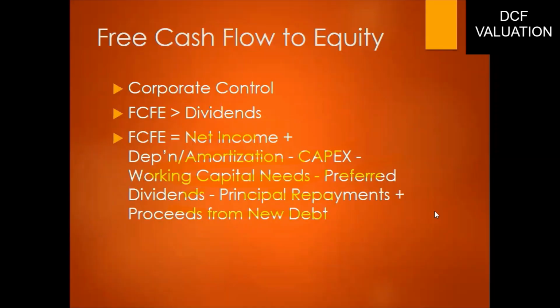So where is interest here? Actually, interest expense has already been deducted. Why? We're using net income, and net income is net of interest expense already. What is left would be the free cash flow to equity shareholders. And most of the time, that is greater than the dividends that are actually declared by companies.